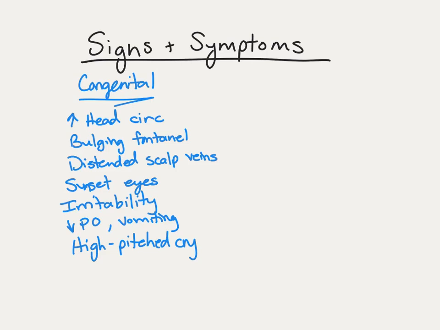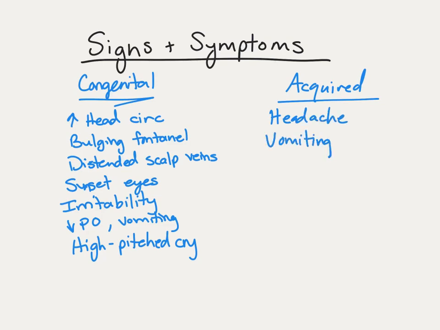For older patients who may acquire hydrocephalus due to an infection or a tumor or something, there is no head enlargement or bulging fontanelles, but we do see headache, vomiting, especially after laying down, because laying down increases the intracranial pressure.